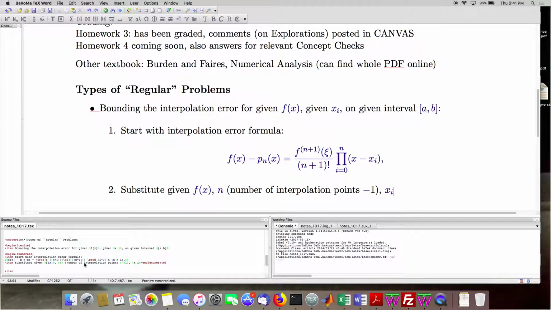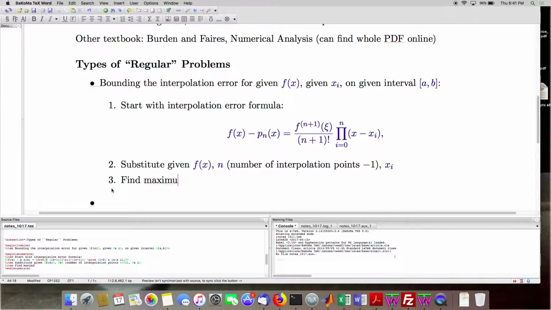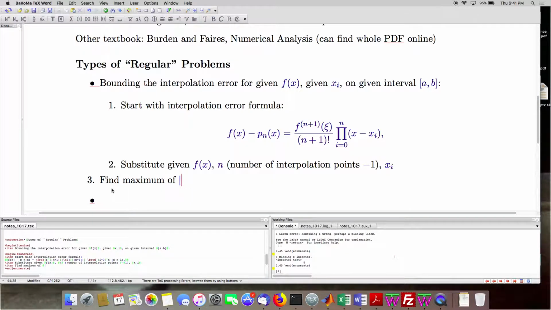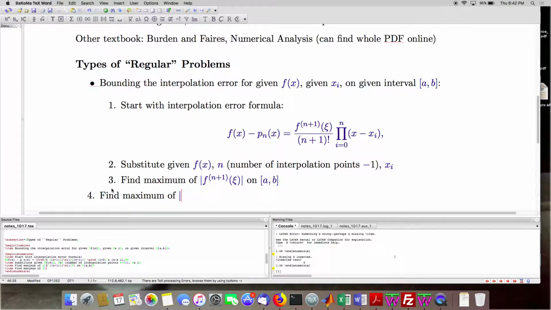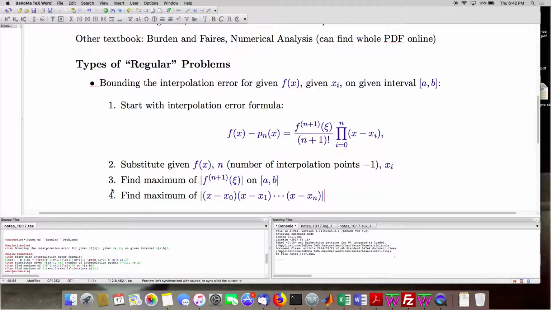Okay, and then next, find the maximum of the absolute value of whatever derivative comes up, on the interval AB, and also find the maximum of, again, absolute value, x minus x0, x minus x1, through x minus xn, also on AB.